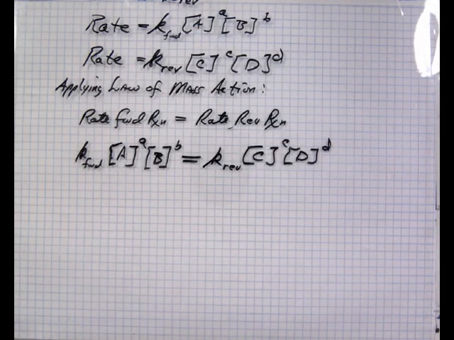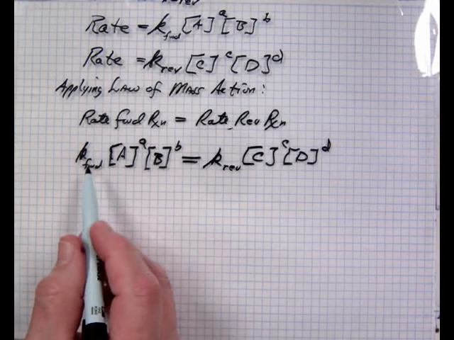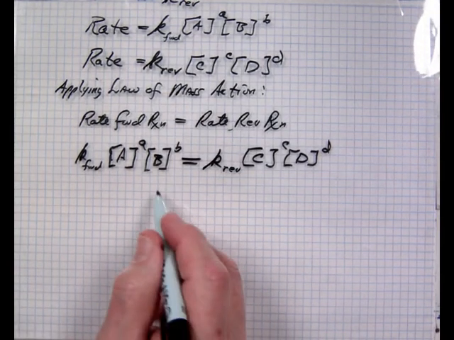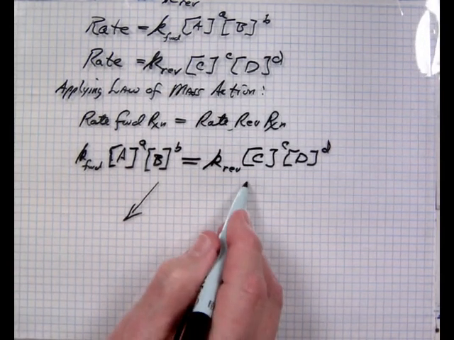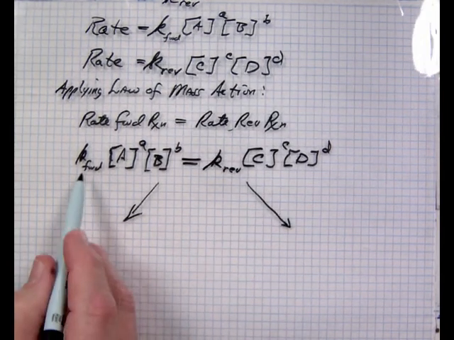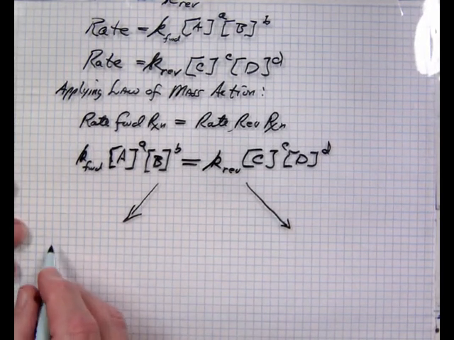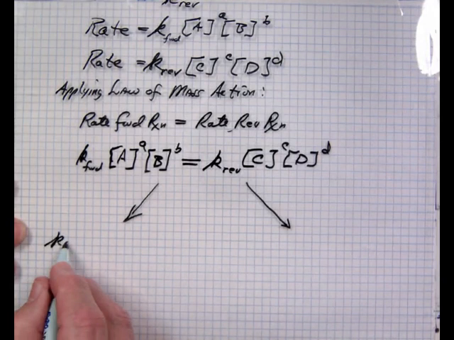This gives us two options here. We want to solve for a ratio of rate constants, so I will solve for K forward over K reverse, and it will look like this.